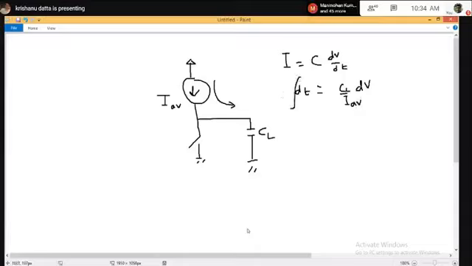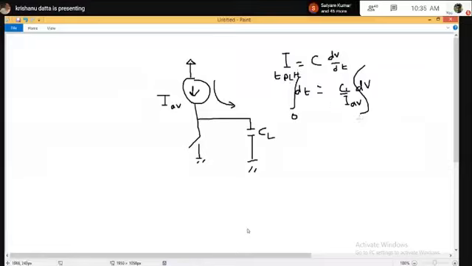So what is the limit? 0 to Tp low to high, because we are talking about output rising, right? So the delay we are calculating is Tp low to high.